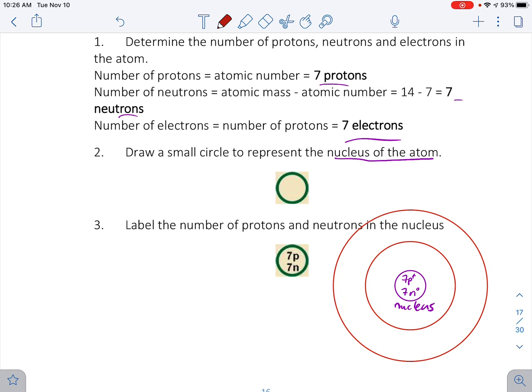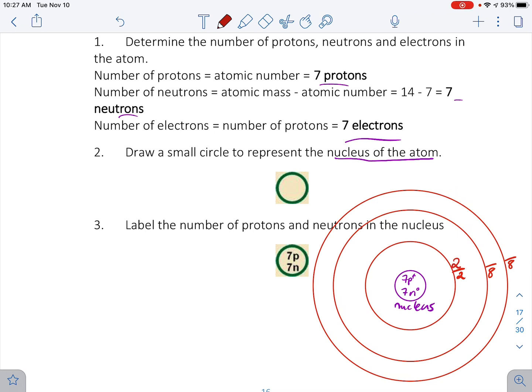The first shell has up to 2 electrons. The second shell has up to 8 electrons. The third shell, which we can draw, also has up to 8 electrons. Okay, so if you have 7 electrons, that means you're going to put 2 electrons in the first shell, and then you're going to put the other 5 electrons in the second shell.